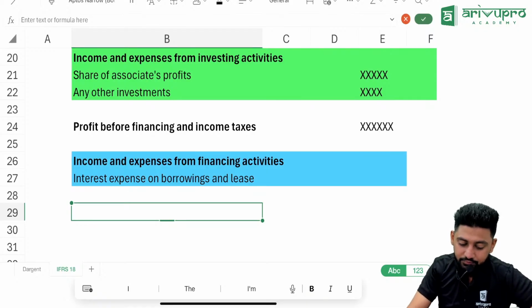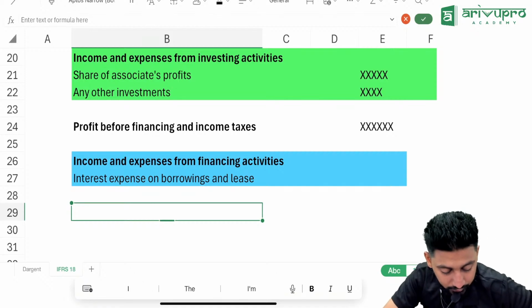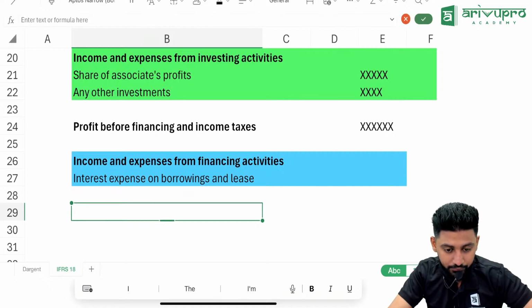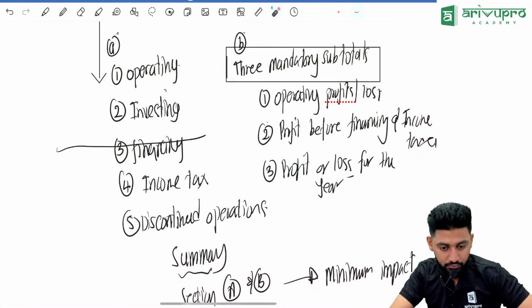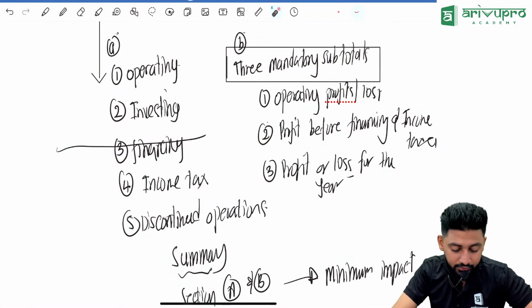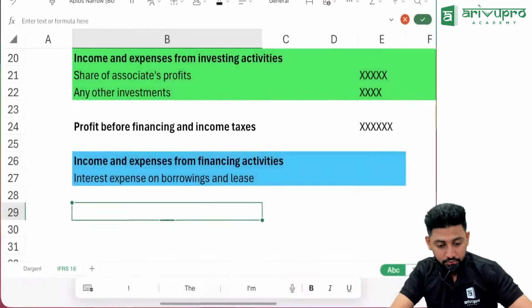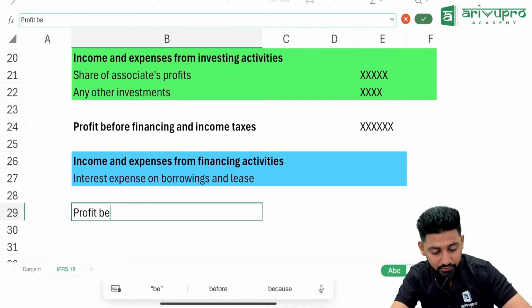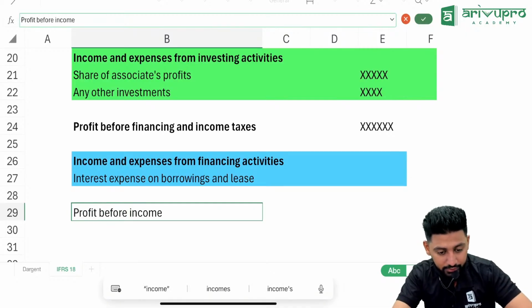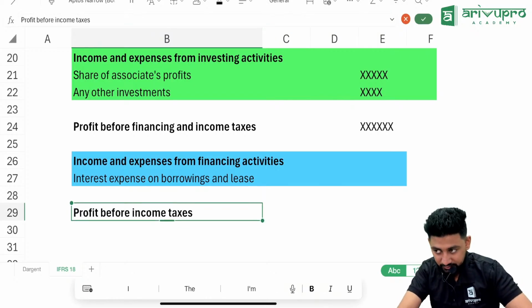Are you clear? Okay. Now I have my income tax. So here profit before income taxes is here.